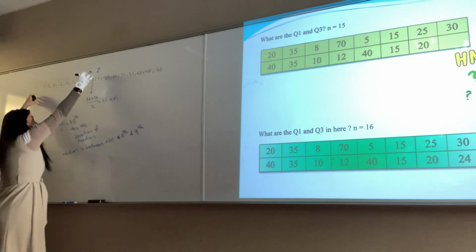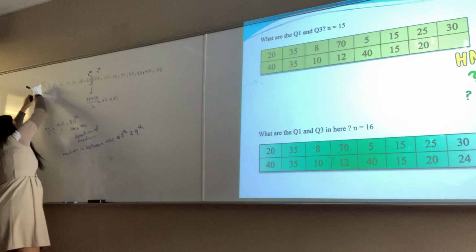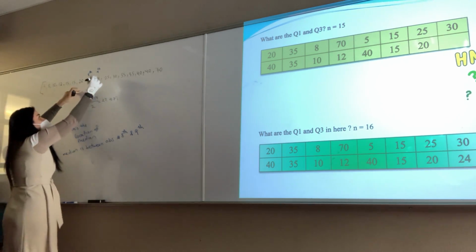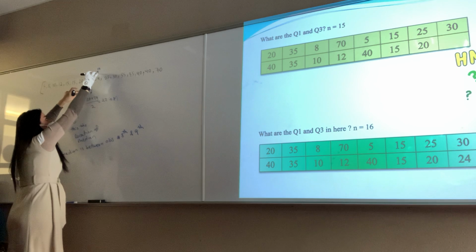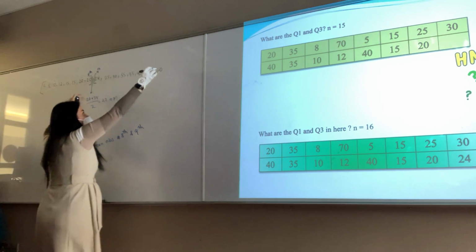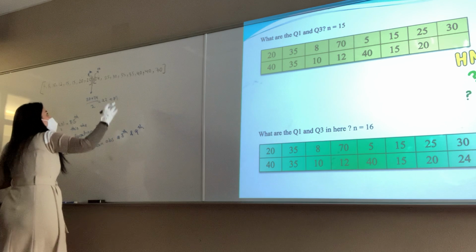The data set on the left side will be from 5 to 20, right? And then the data set on the right side of the median will be from 24 to 70. And then what is Q1?